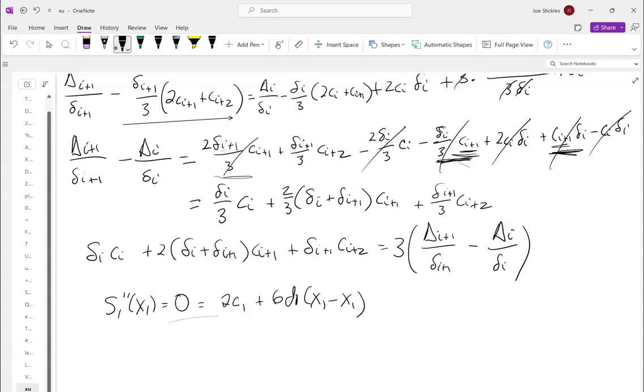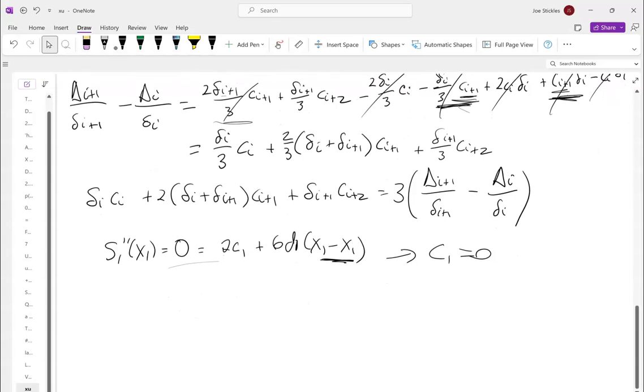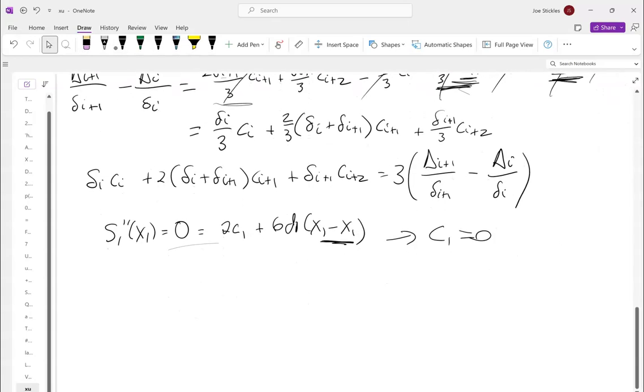Yeah, i is 1. With i is 1, this piece here goes away. That's 0. So what does c sub 1 have to be? This tells me that c sub 1 has to be 0 to start with, okay? So that's one equation. I'm going to keep track of that equation, by the way. But anyway, c1 has to be 0.